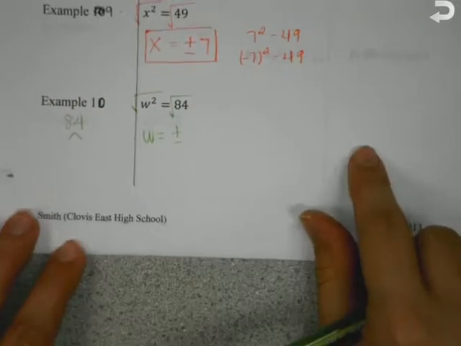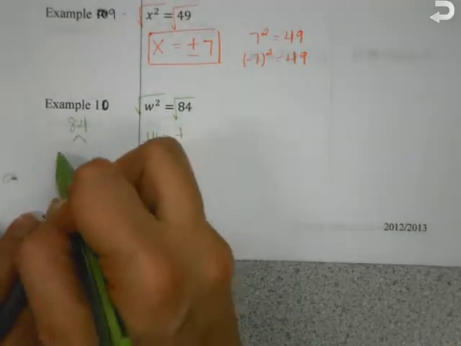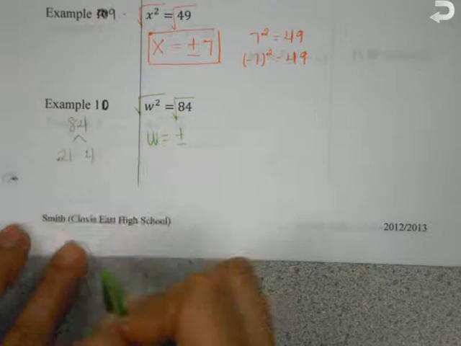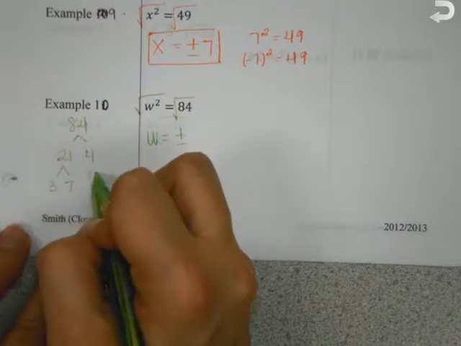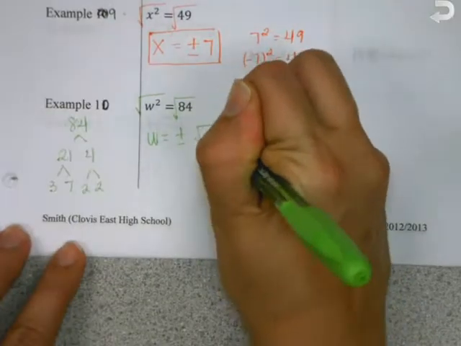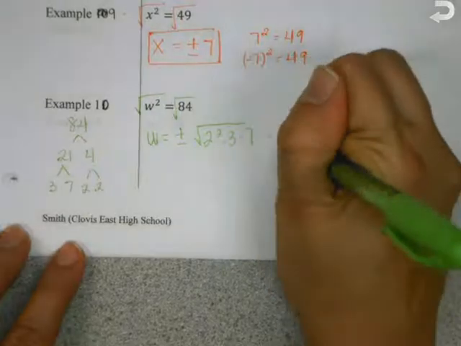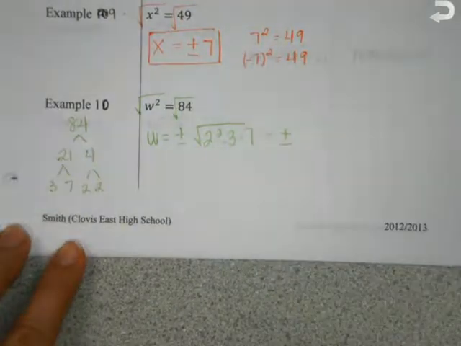That's 3 and 7, 2 and 2. So that's plus or minus 2 squared times 3 times 7. So what's my answer going to be? Plus or minus 2 root 21.